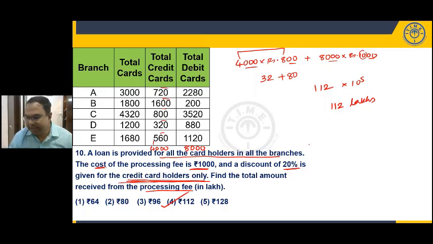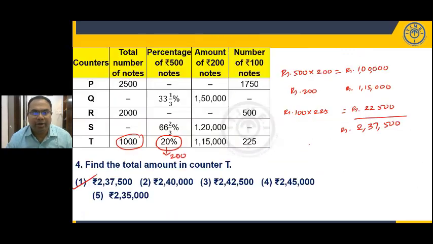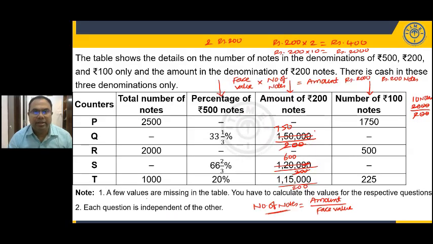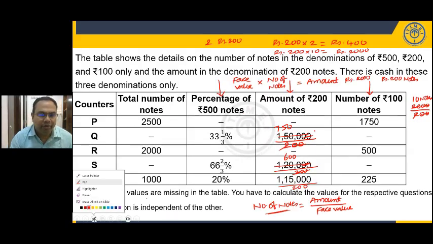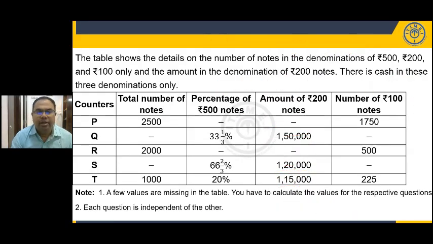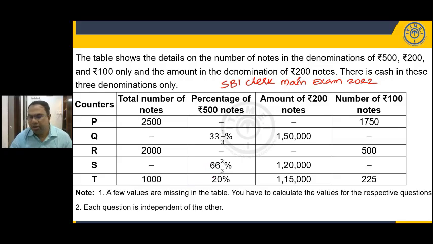Any questions on this set you can ask me. Now let me go back to your first set. If you want, you can take a screenshot. This set is your SBI Clerk main exam 2022 set, last year's set.